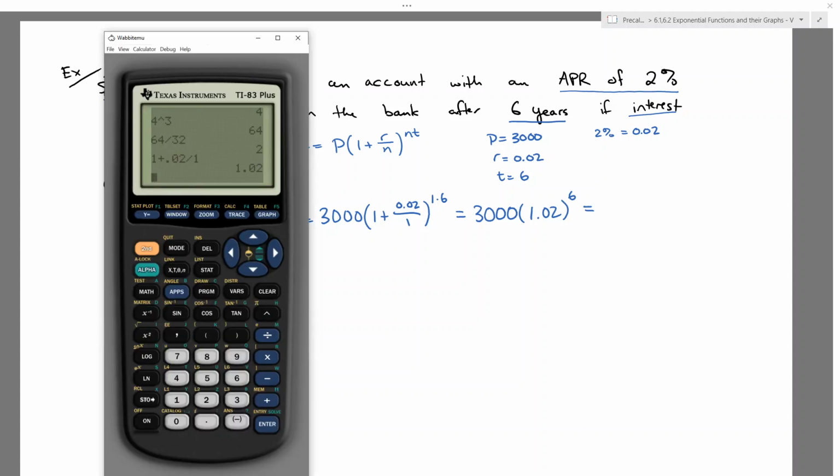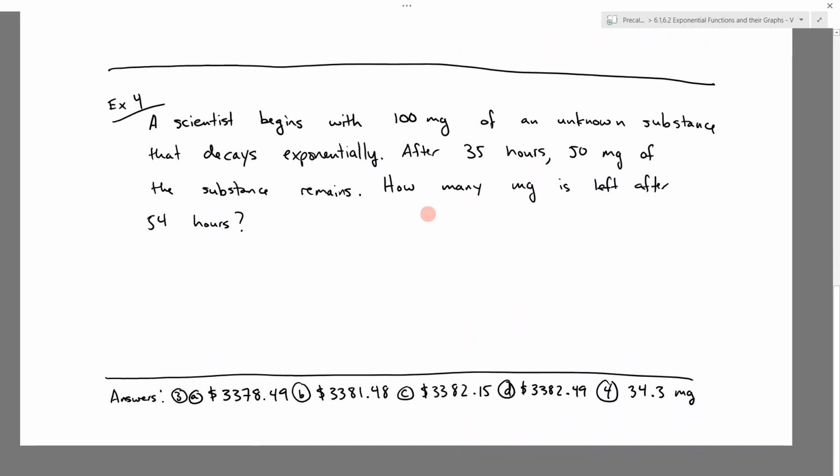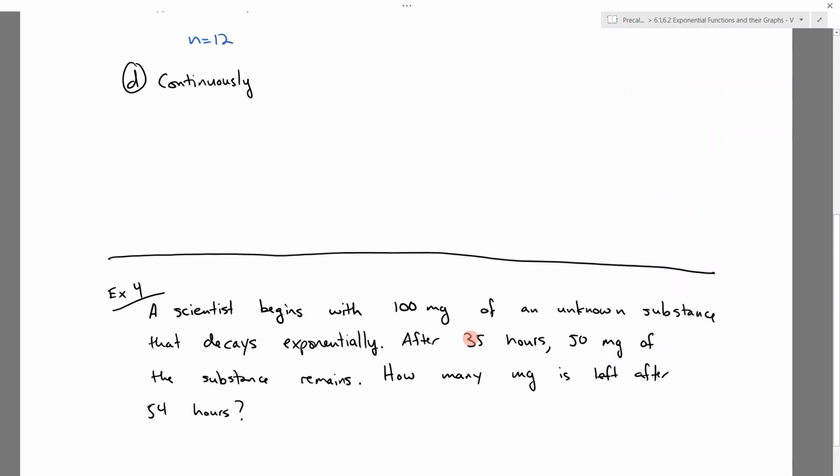I can calculate this all at once because the calculator will follow the order of operations. 3 times 1.02 raised to the 6th power, and we get 3378.49 rounded up. Which we see is the correct answer.